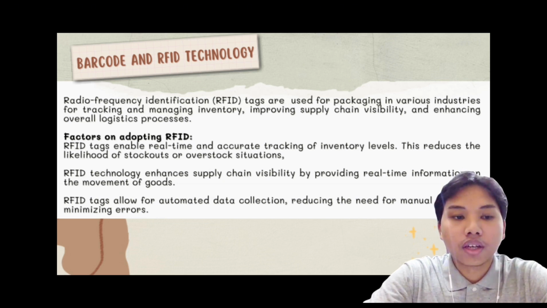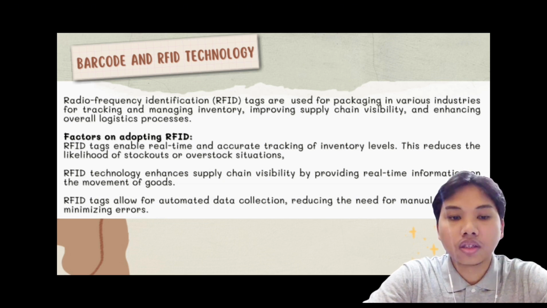Then moving on to the next point, RFID technology enhances supply chain visibility by providing real-time information on the movement of the goods. So this visibility helps in optimizing logistics, reducing delays and improving overall efficiency.